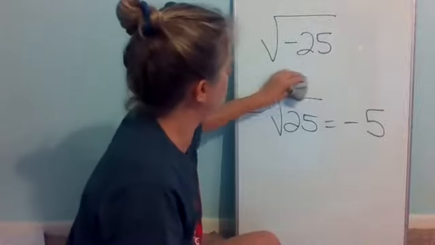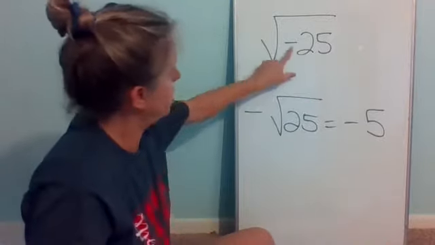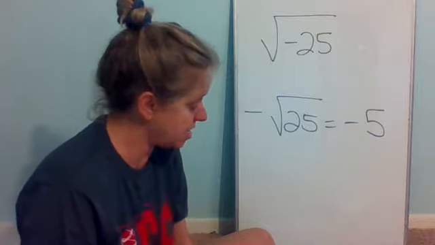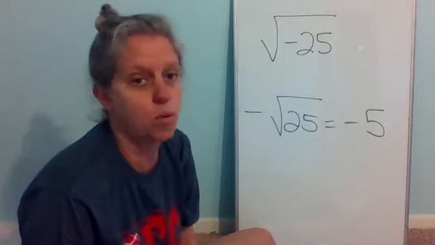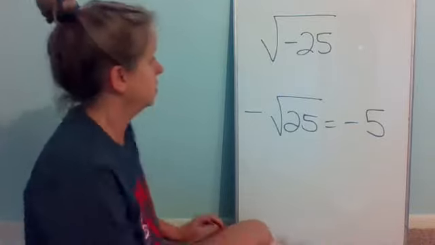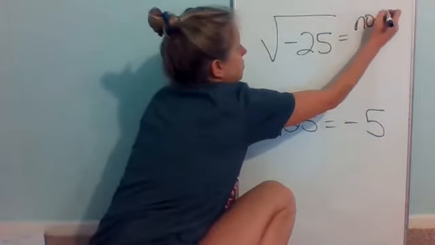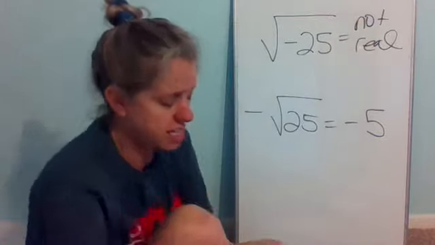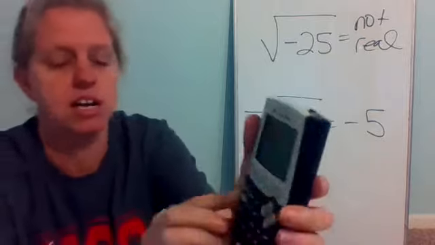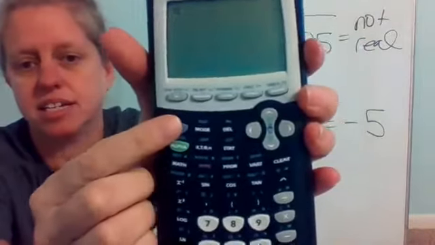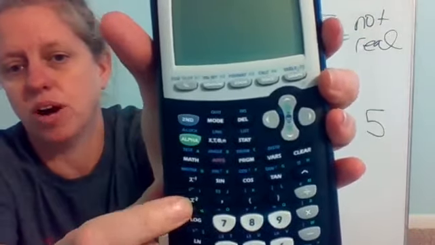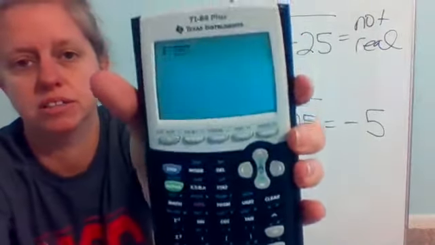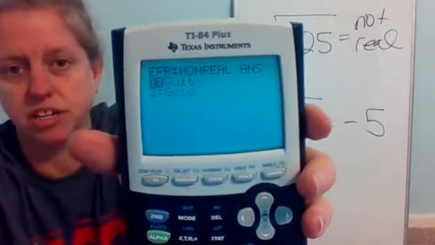So if you are a square root and you have a negative underneath, that just simply means the square root is not a real number. Not a real number. If you tried to type that in your calculator, so again, second square root, and you put negative 25 under there, look what your calculator is going to tell you.